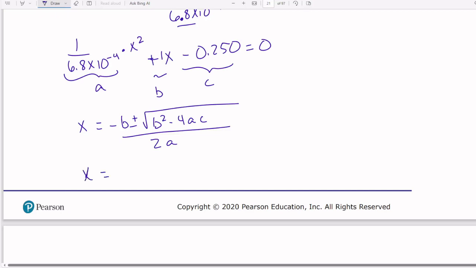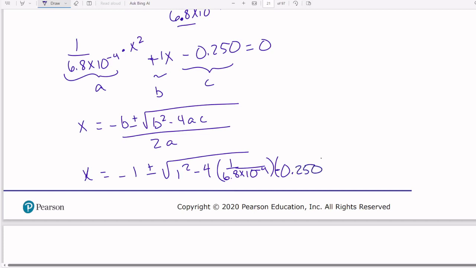X is equal to minus 1 plus or minus the square root of 1 squared minus 4 times 1 over 6.8 times 10 to the minus 4 times negative 0.250, okay, all over 2 times 1 over 6.8 times 10 to the minus 4.